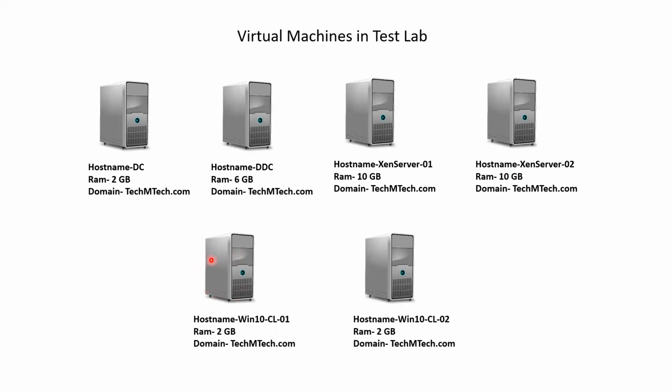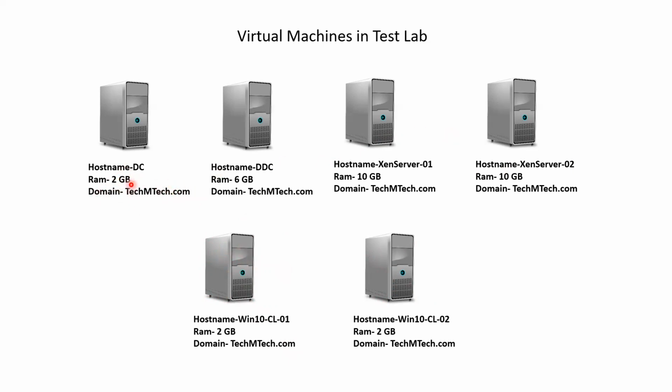And these two machines are our end user machines with the Windows 10 operating system. We will use these machines to test the deployment. We will install Google Chrome and Citrix Workspace, and this machine will act as a client machine for us to test the deployment, right? As you can see, my domain is techmtech.com.